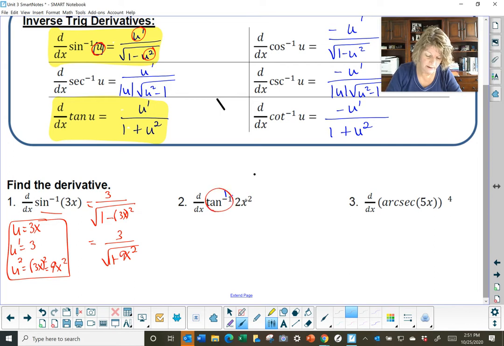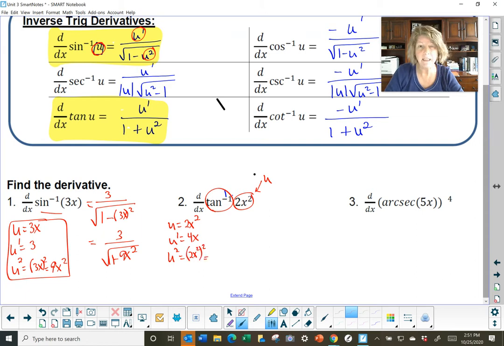Tangent inverse. Here's my u. u is equal to 2x squared. That means its derivative is 4x, and its squaring would be 2x squared getting squared, so that's going to be a 4x to the fourth. Now I go and find the tan inverse formula for its derivative.